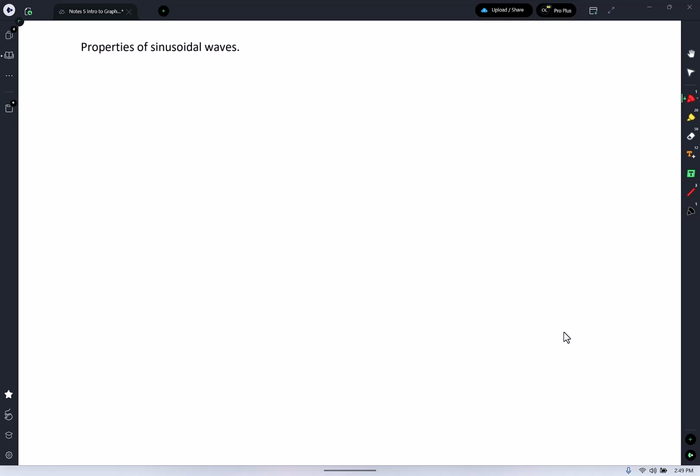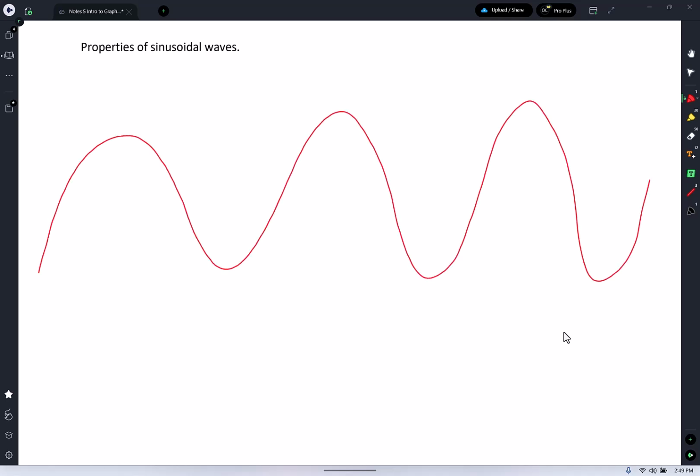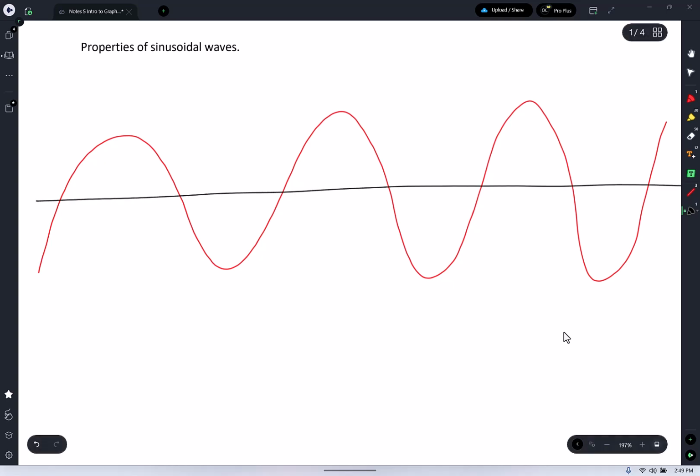All right, properties of sinusoidal waves. Draw a wave. My wave sucks, but that's fine. Draw a line through the middle. That's going to be called the midline, hence middle.